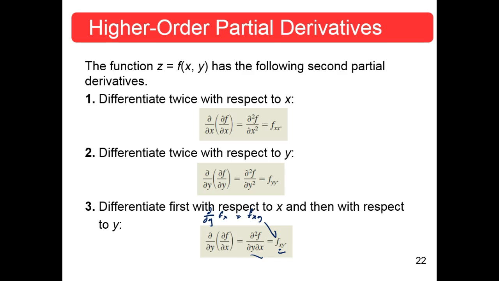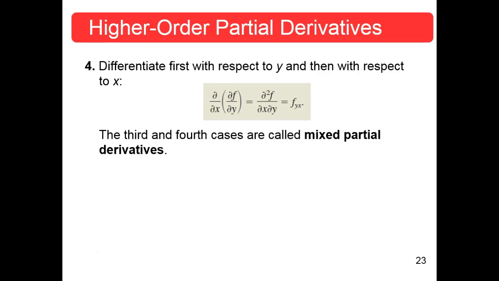Okay, and then the fourth way you could differentiate the function with respect to both x and y is this one. Sorry. The partial with respect to x of the partial of f with respect to y, that would be just like you did. You combine these two partials and make them partial squared, just the way you write that. Second partial of f, first with respect to y, and then with respect to x.